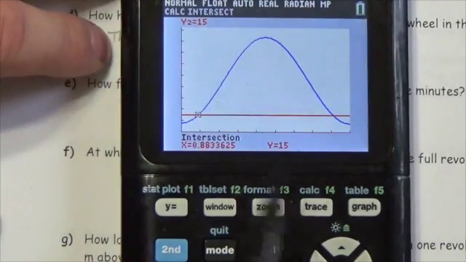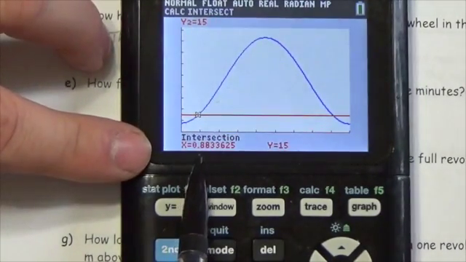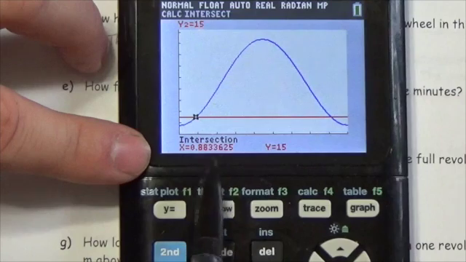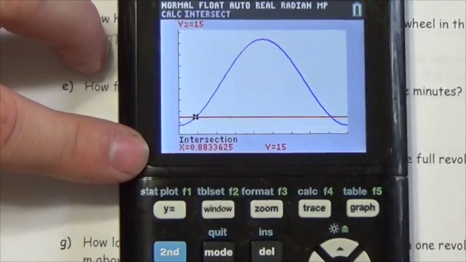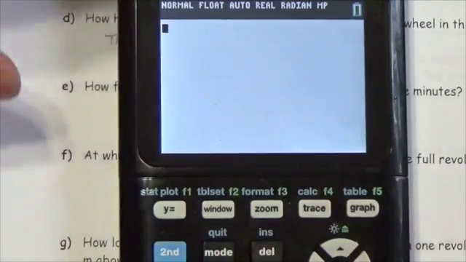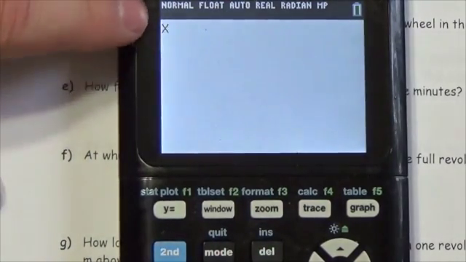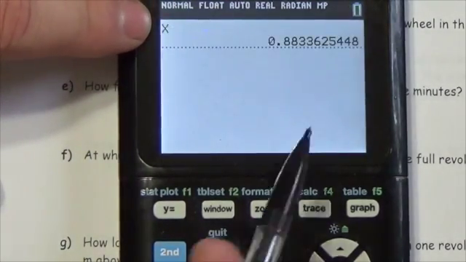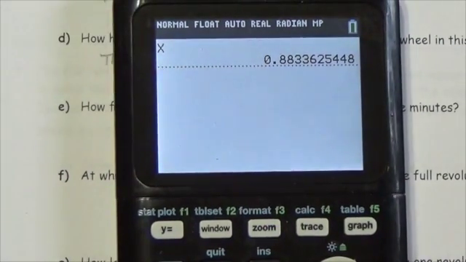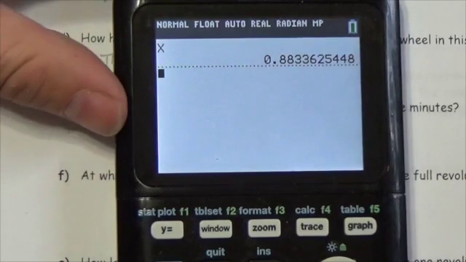Press enter, and we're going to get that it's going to hit that point at 0.88 of a minute. Let's just quit out of that. 0.88 of a minute doesn't really communicate much to me.